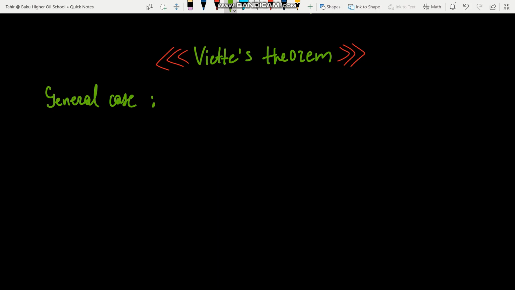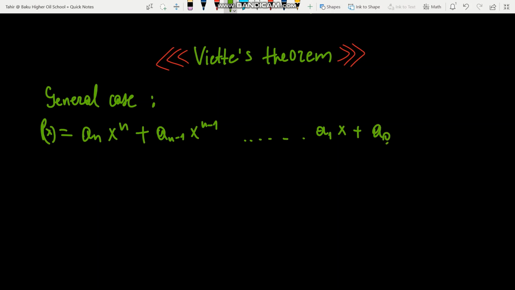Let's just write our polynomial function, which is p(x) equals a_n x to the power n plus a_(n-1) x to the power n minus 1, and this continues till a_1 x to the power 1 plus a_0. And this is our polynomial function.